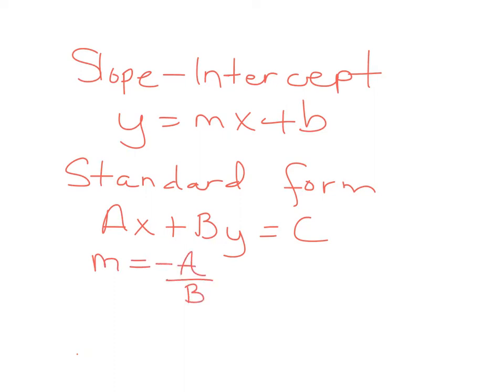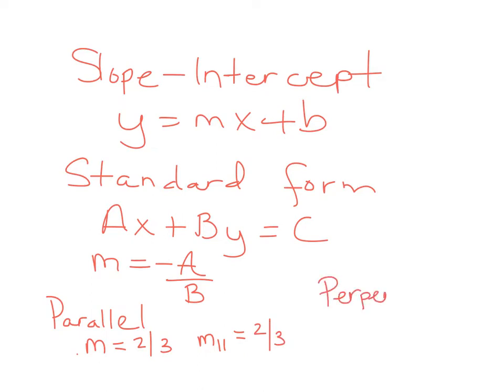We've also talked about parallel and perpendicular lines. For parallel, you have to remember the slopes are the same. So if I give you a line with slope 2/3, the slope of a line parallel to it is also 2/3. Perpendicular, however, is a little different. Perpendicular means opposite reciprocal.